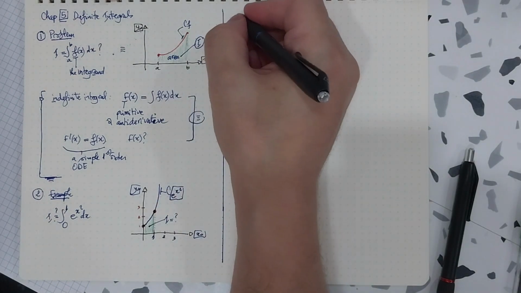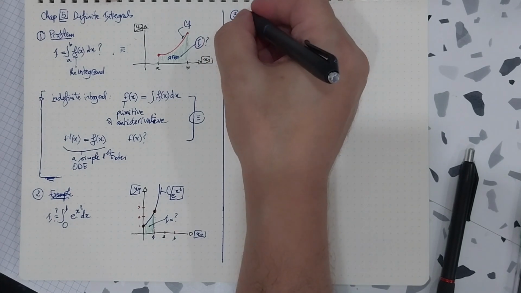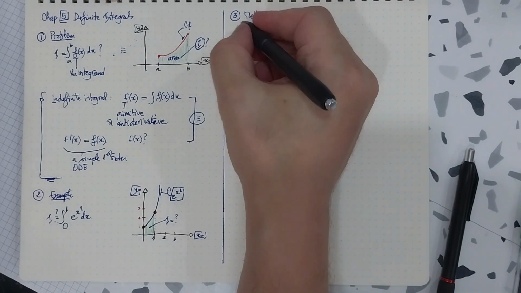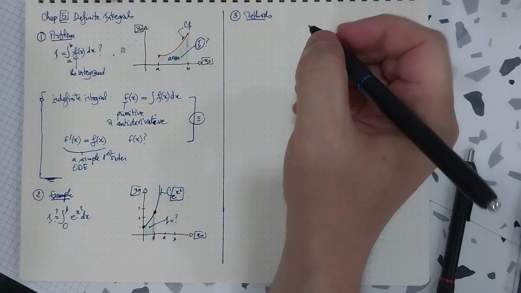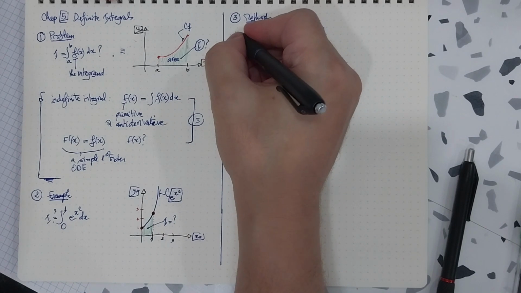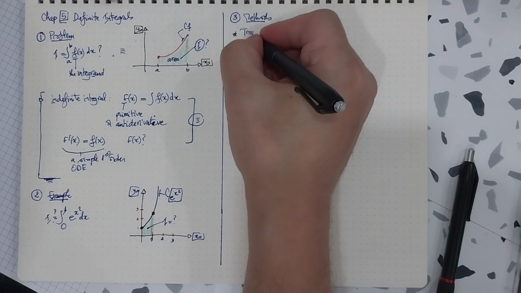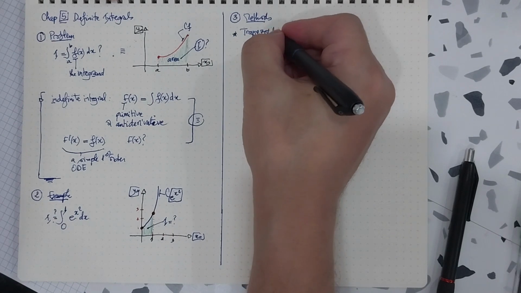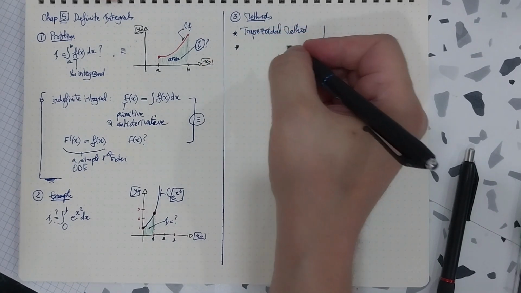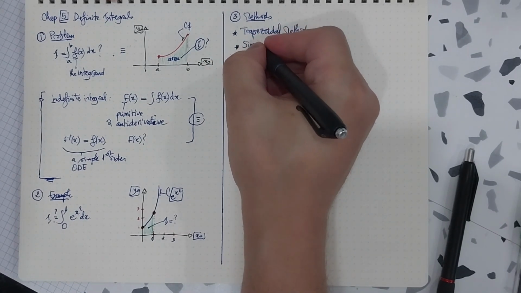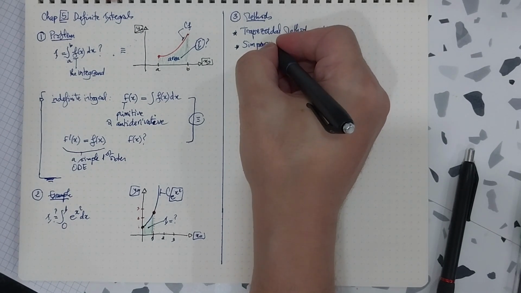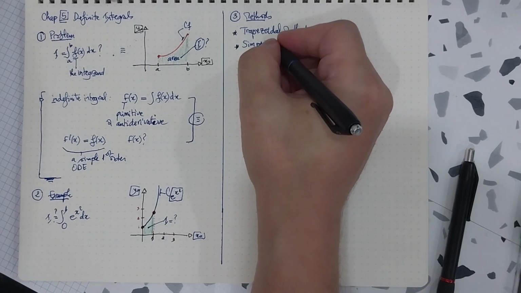The methods. How do we do that? There are two types of methods. In the first type, we see the trapezoidal method and the Simpson's method. I don't know exactly the pronunciation, I think Simpson's method.